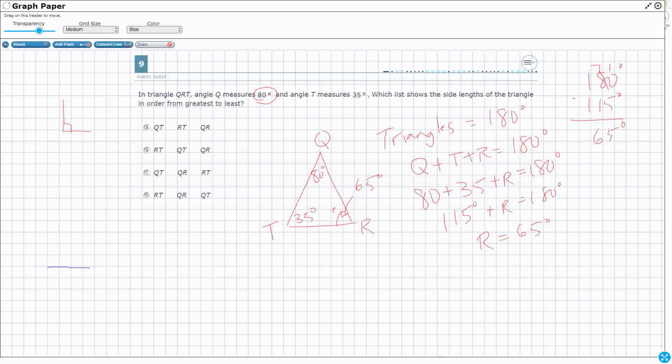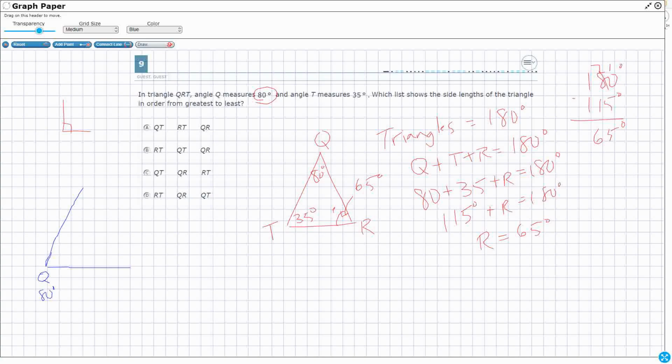Okay, so I'm going to shift it like this. Now, an 80-degree angle is going to be a little bit less than 90 degrees. So I'm going to make it a little bit less than 90. I'm going to try to make it just like this. All right, so there's my best guess at Q, right? The 80 degrees. Now I've got 35 degrees, which is very small, and then R is a little bit bigger.